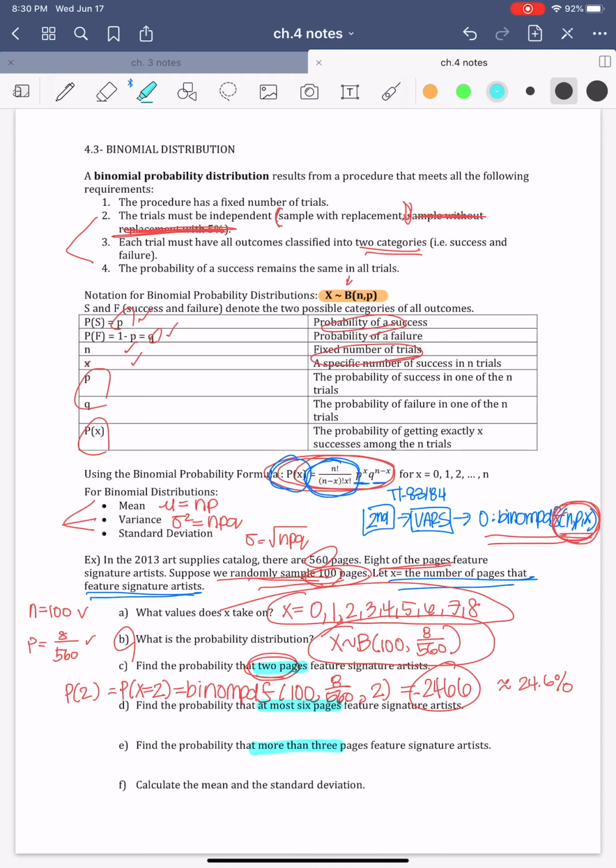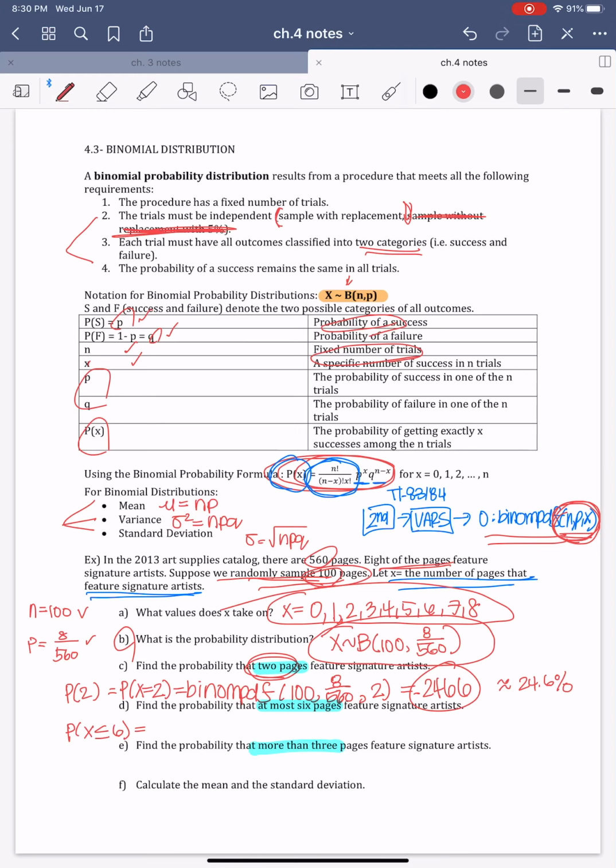I could have 0 pages that feature signature artists, 1, 2, 3, 4, 5, up to 6. So when we say at most 6 pages, I'm really talking about P of x less than or equal to 6. At most means all the way up to and including 6.